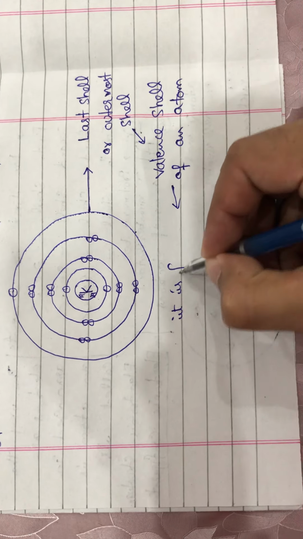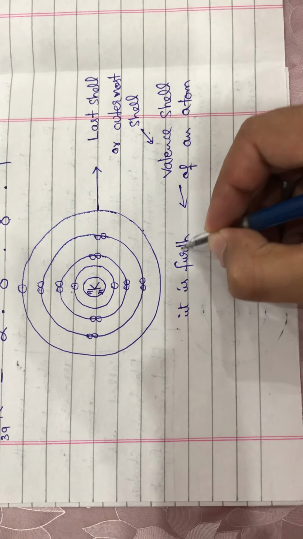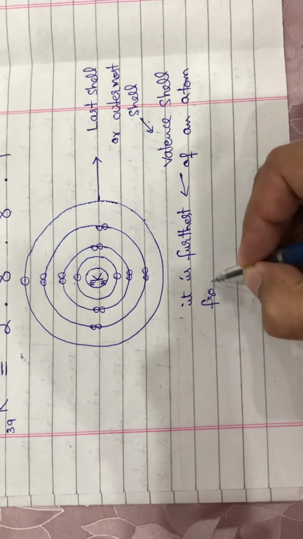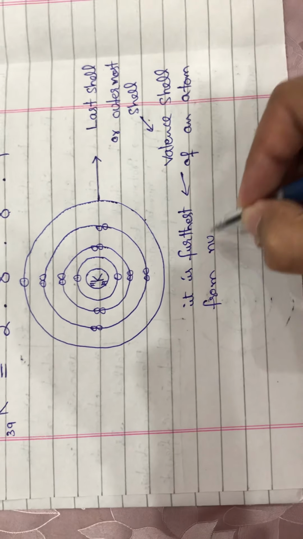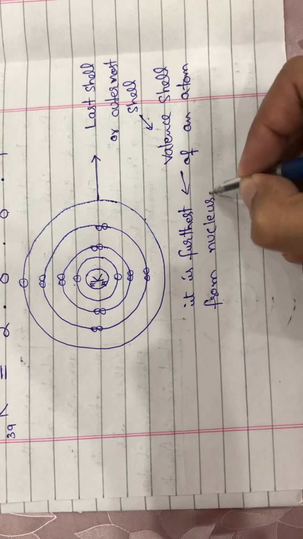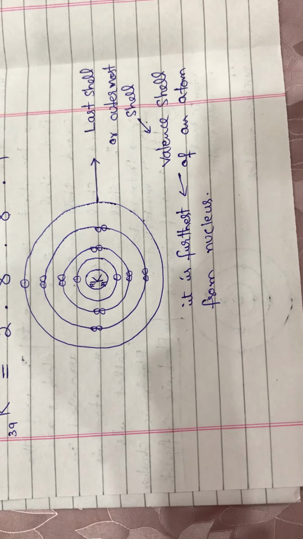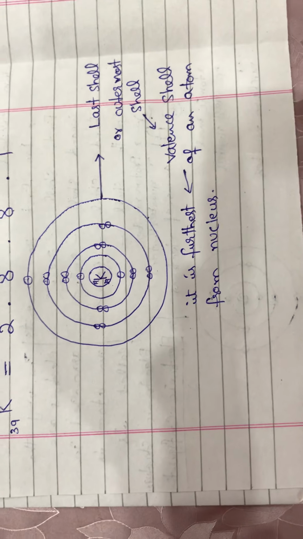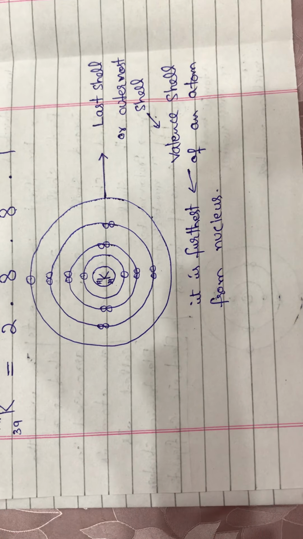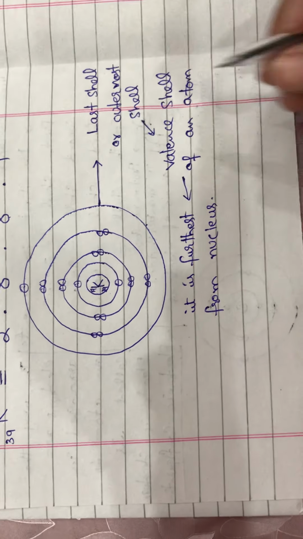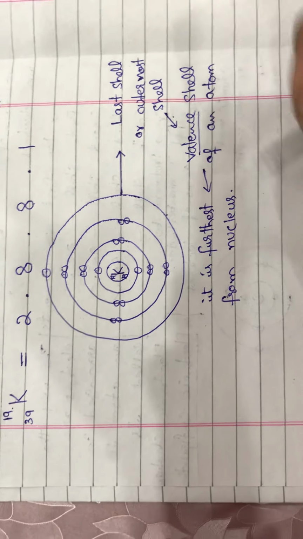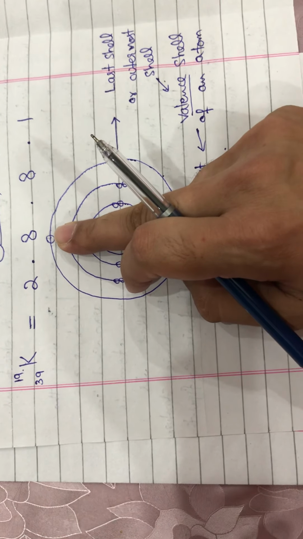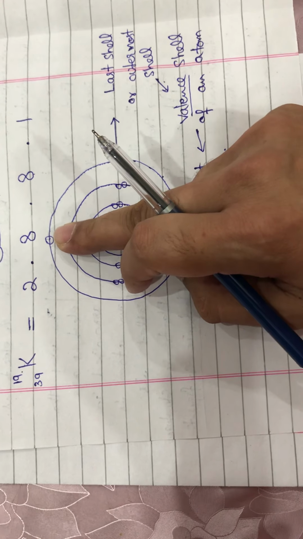It is furthest from the nucleus. So it is the last shell of electrons, or valence shell. If this is the valence shell, then the electrons that are present in this valence shell are known as valence electrons.